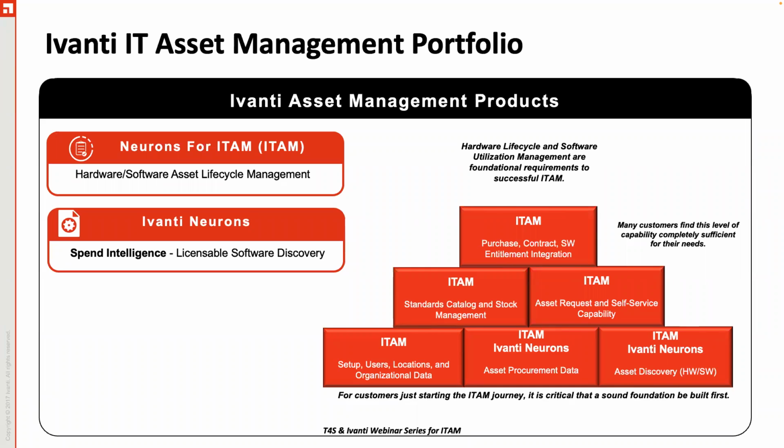So remember, it's a two-fisted approach. Ivanti Neurons, like its name implies, is the brains of the operation around discovery. The Ivanti ITAM aspect is the brawn behind the solution, where you do your day-to-day lifecycle management and ongoing workflows for customer support.